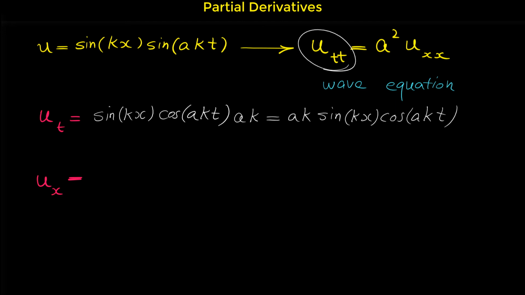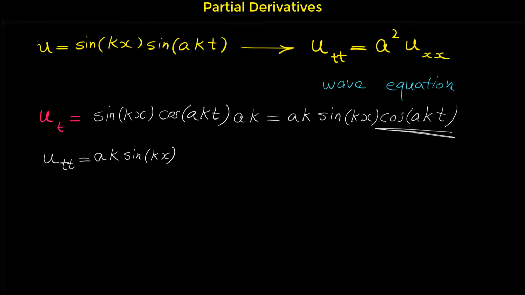Now for finding the second partial derivative with respect to t, we have to take the derivative of this expression again with respect to t. So u sub tt: everything here is without t, so it is a constant, so we write ak sine of kx. Multiply this by the derivative of this part. Here we have variable t. The derivative of cosine is negative sine.